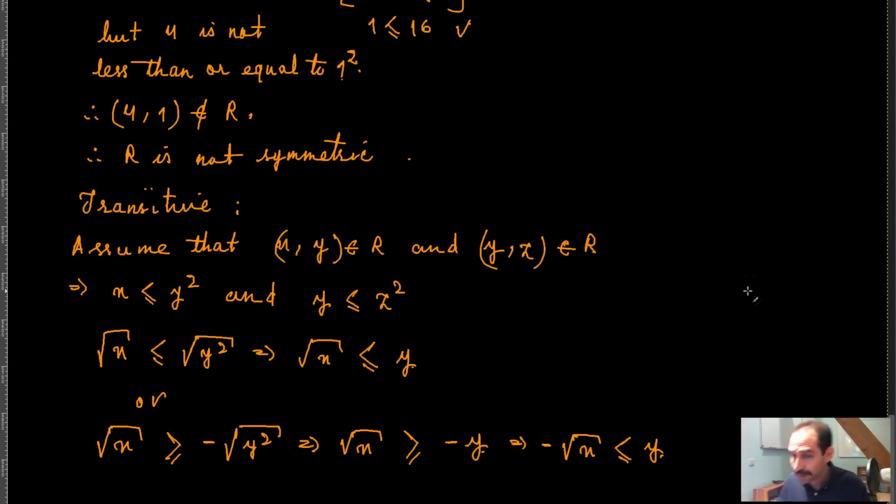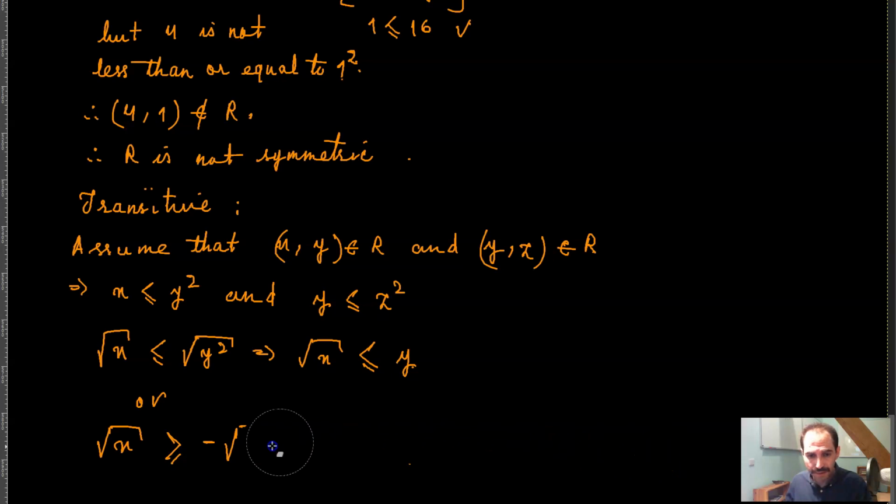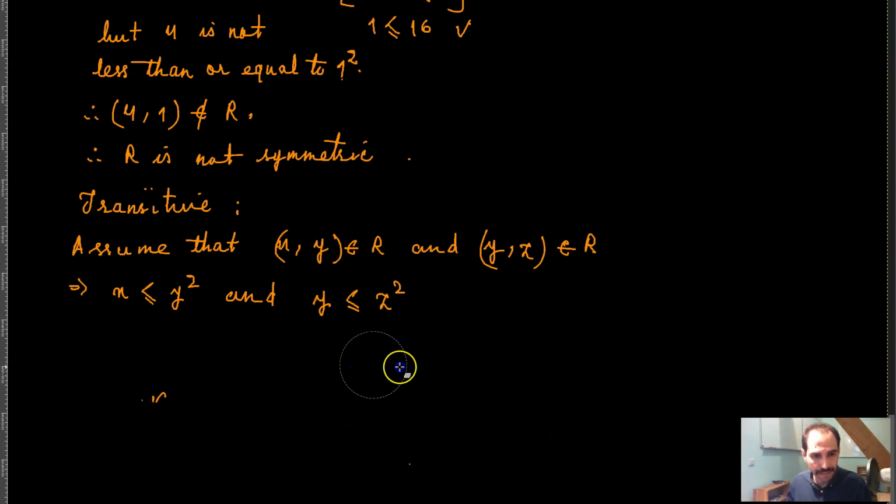Now, the next part of this problem is it's not easy to get basically the counterexample to show that R is not transitive. Meaning that normally what you would do is that you would assume that, for example, some (x, y) belongs to R, and some (y, z) also belongs to R, which implies that x is less than or equal to y squared and y is less than or equal to z squared.